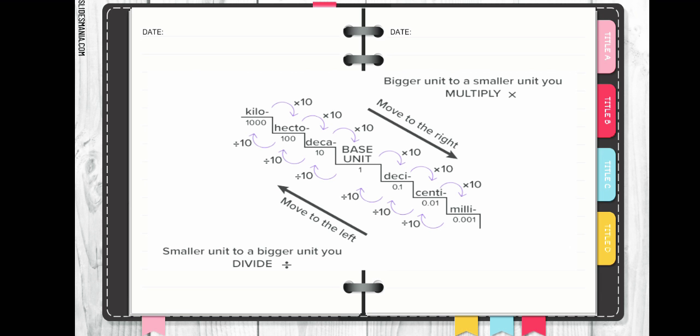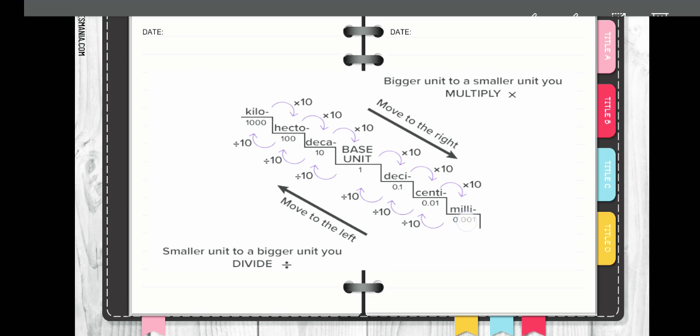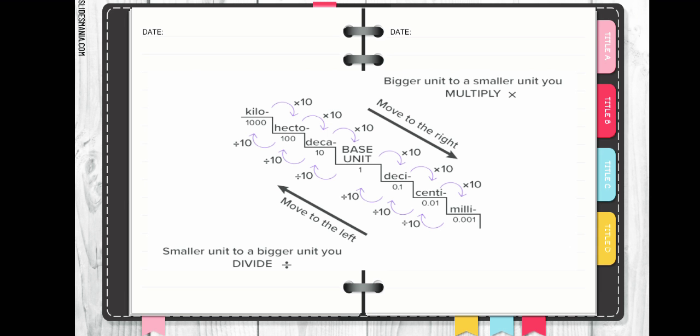We know the bigger unit is the kilo, and the movement to the right is from bigger unit to smaller unit. The smaller units are the milli, and the movement goes from milli to centi, deci, deca, hecto, and kilo.